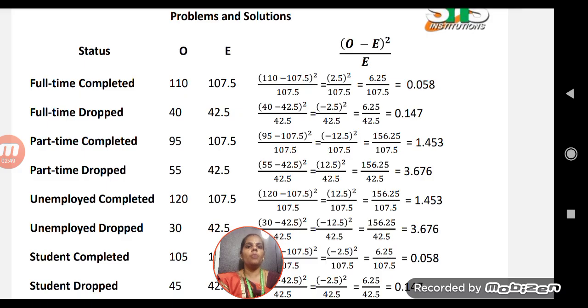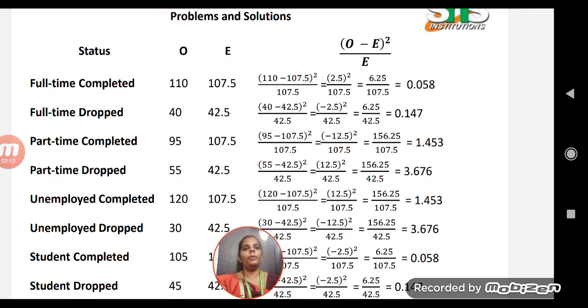The observed value is 110 and the expected value is 107.5. So our formula is (O minus E) squared by E: (110 minus 107.5) the whole square divided by 107.5. If I subtract, square and divide, we get 0.058.